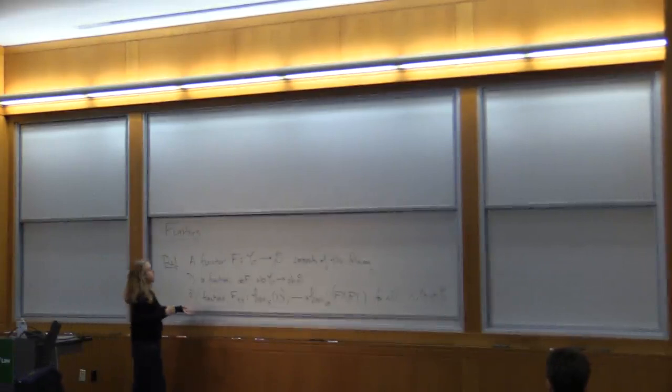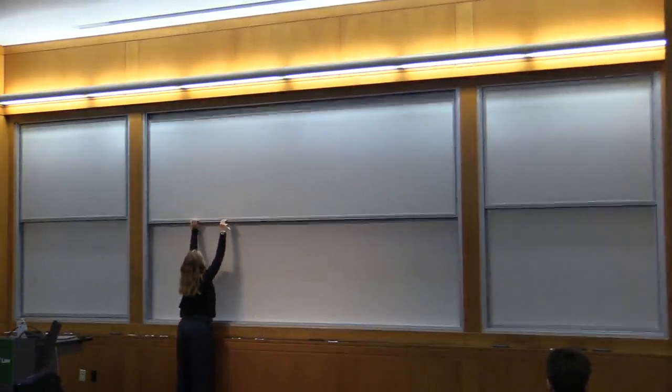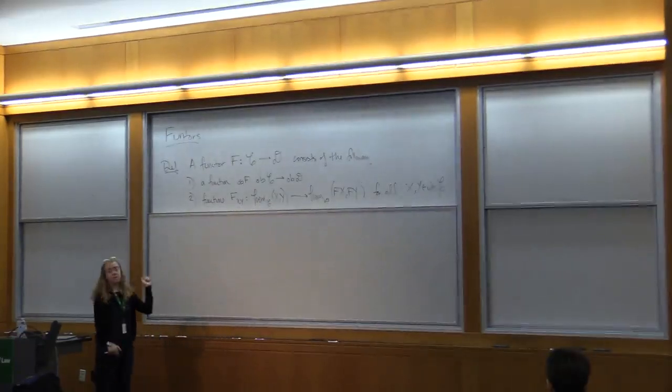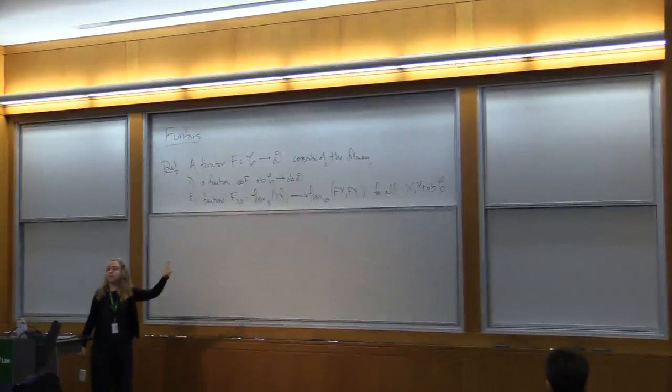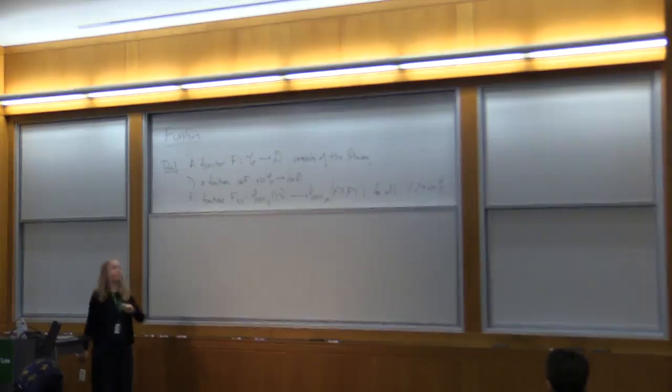Okay. So the next piece of data in the definition of category was the identity morphisms.